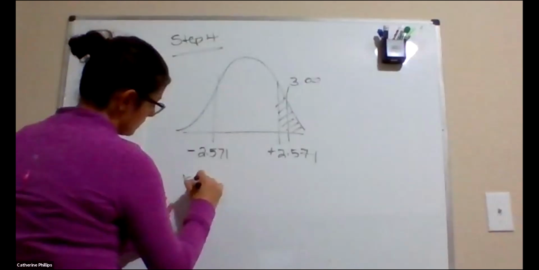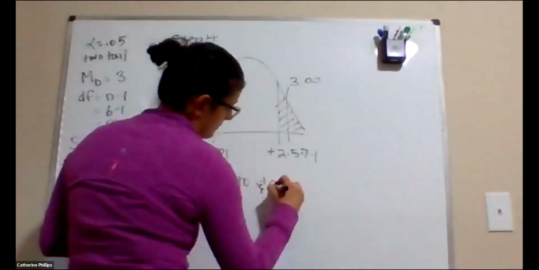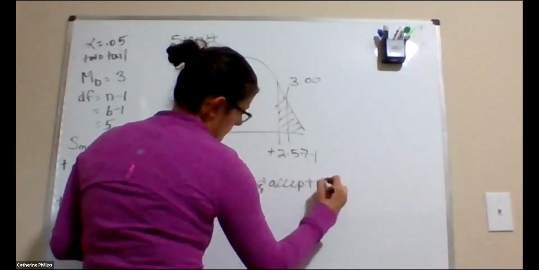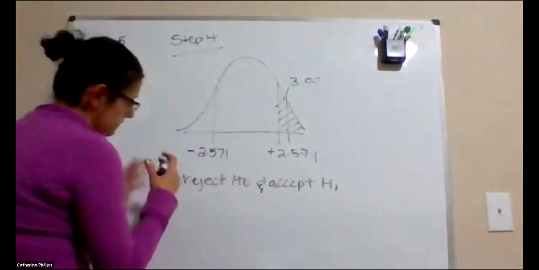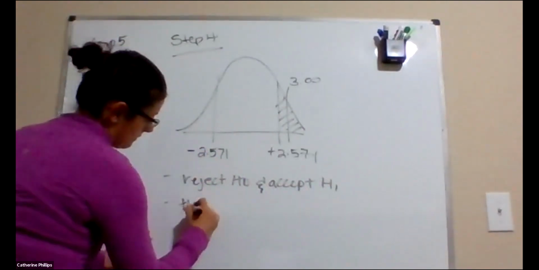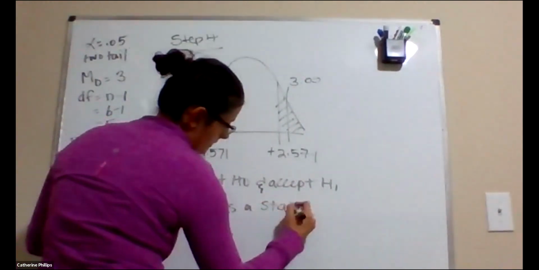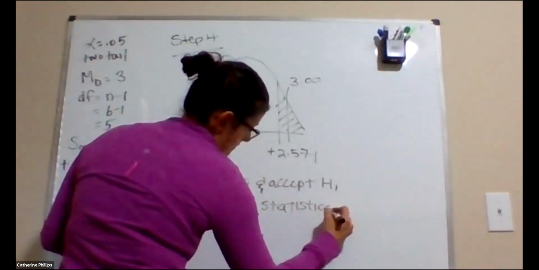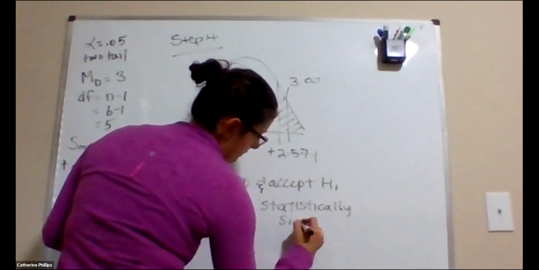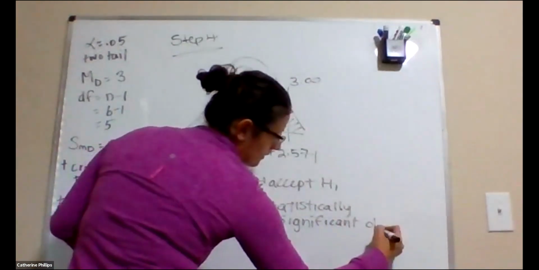So we're going to reject the null and accept the alternative, and there is a statistically significant difference.